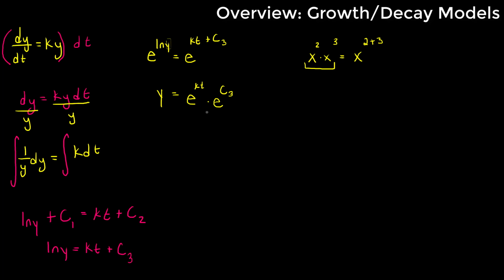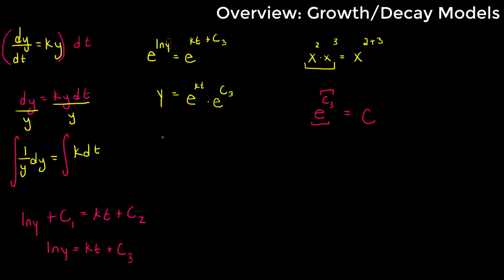This is where I'm going to go ahead and eliminate the need for that constant anymore, because e raised to the c3 power, e is a constant, c3 is a constant, a constant raised to a constant power, I'm going to let this equal c.